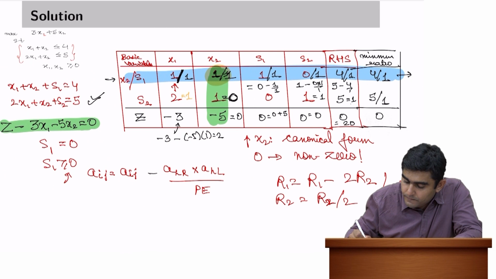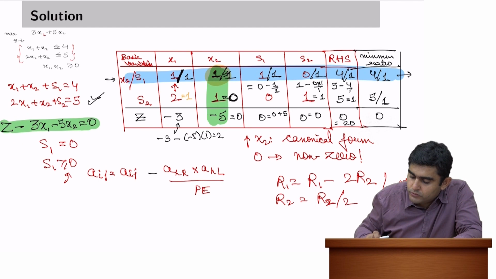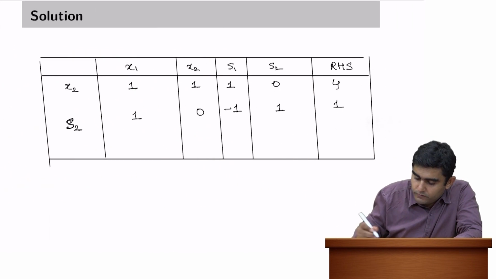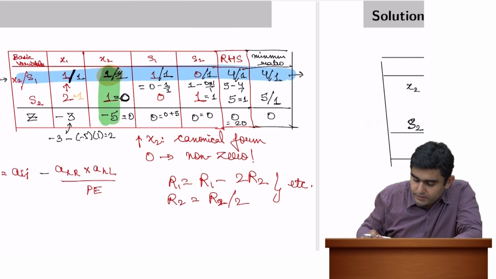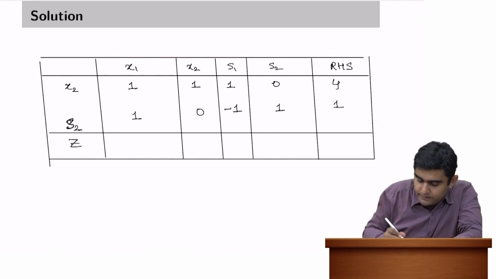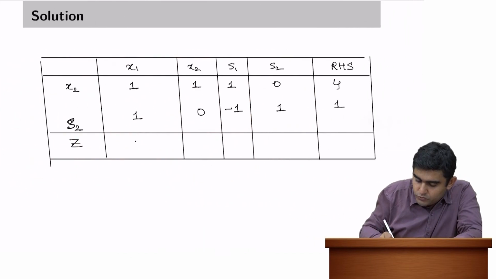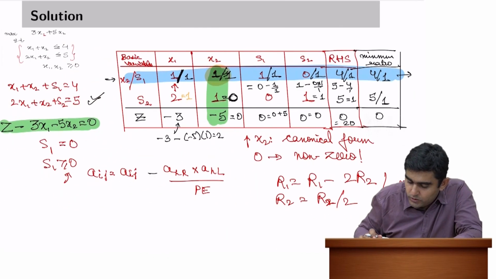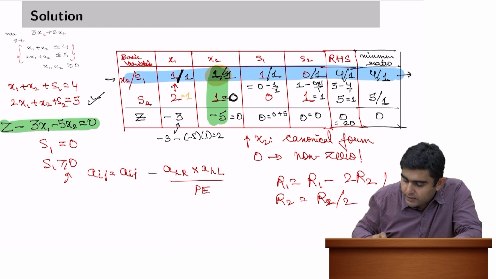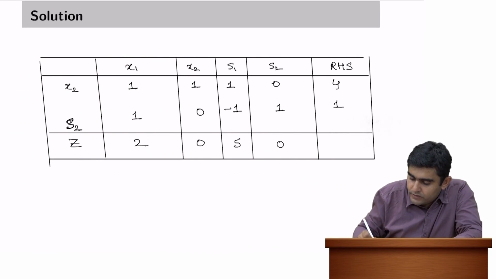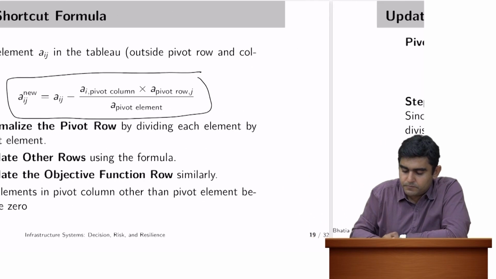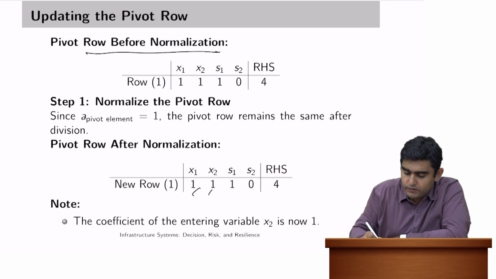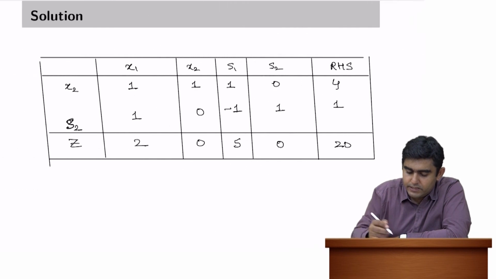This 5 also became equal to 1. And when I talk about the objective function itself, z, the first coefficient becomes 2, next one becomes 0. Following that, I have a value of 5, then 0 and 20. So let us also look into what we have, 1, 1, 1, 0, 4, which indeed is correct.